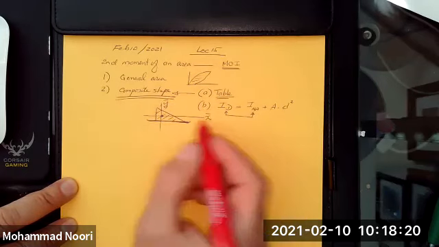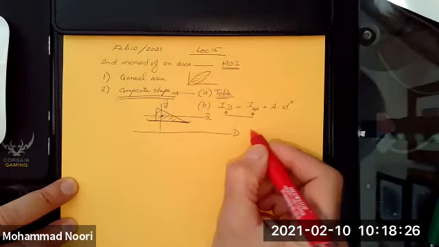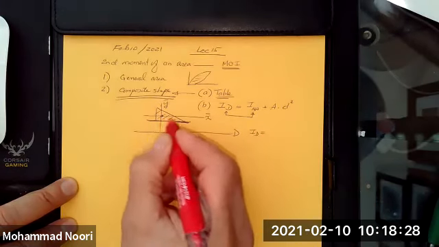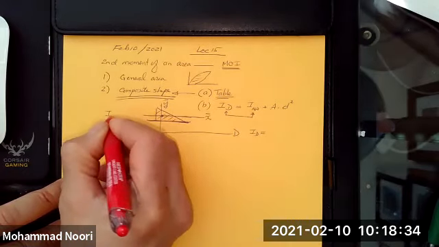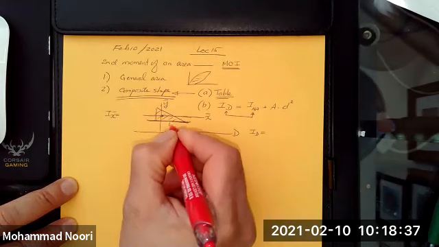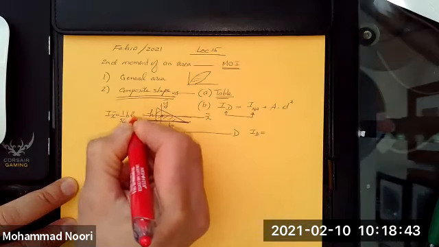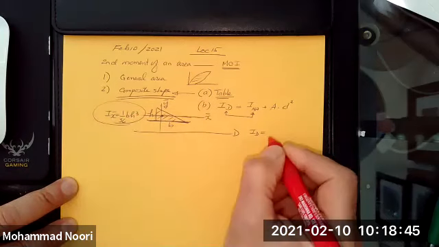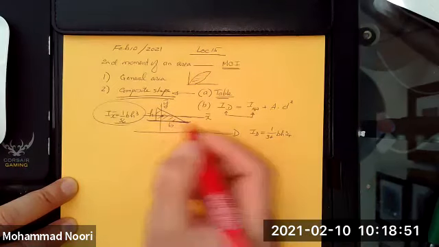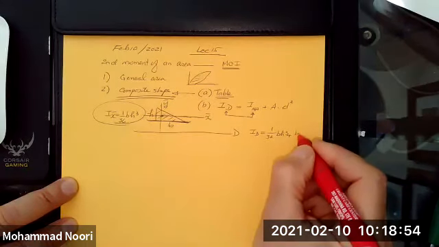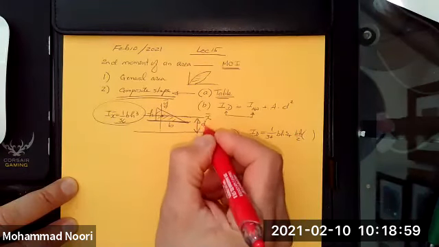So if you want to find the moment of inertia of this shape about, say, this axis, I of d would be what you find about this axis, which is tabulated in the book, I of x bar. If this is B, this is H, it is 1/36 of BH cubed. So you write, this is 1/36 BH cubed plus the area of this shape, which is BH over 2, times this distance squared.